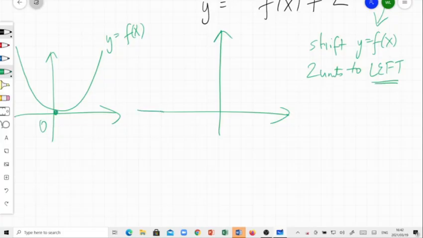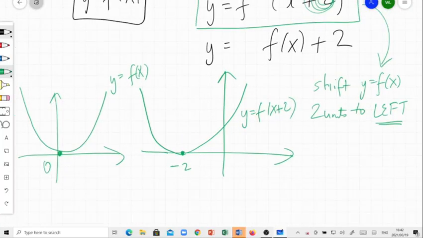So notice that the nose of my y equals x squared is at 0. So if I shift him 2 units, the nose moves 2 units to the left. So it's going to be found at minus 2. Okay, and so this is the graph of y equals f of x plus 2. So notice a horizontal shift to the left is going to graph f of x plus 2.